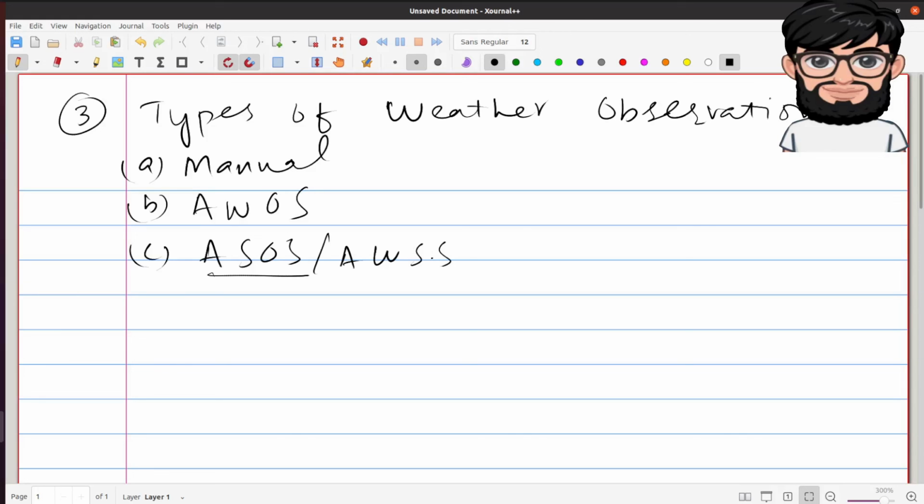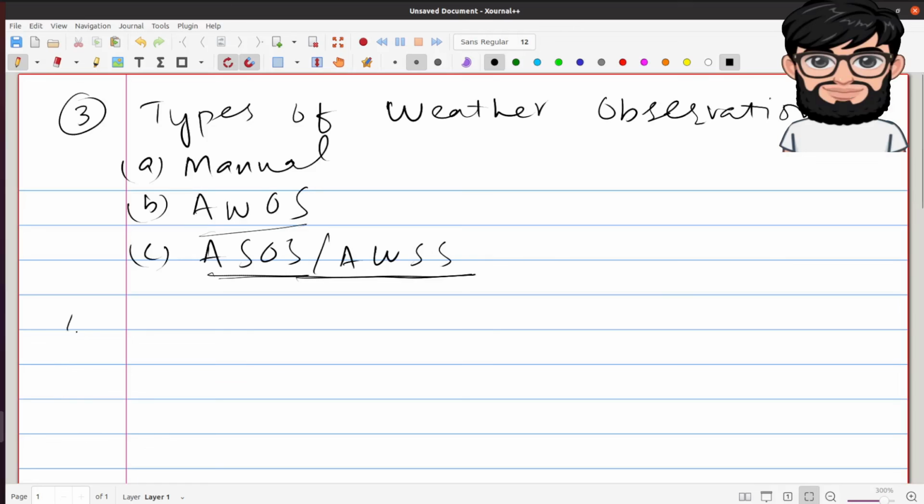Observations are again made without human intervention, and the METARs generated by AWOS or ASOS are both going to have that word AUTO in them.